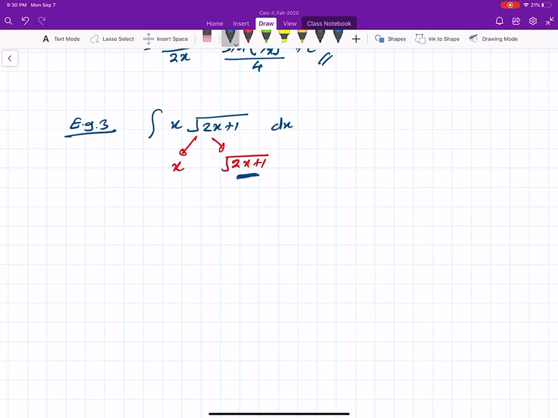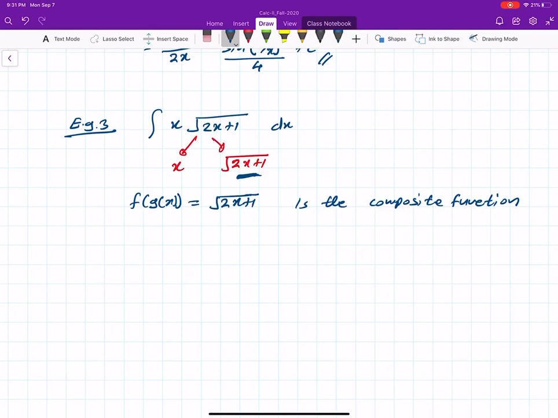The inner function is 2x plus 1. The composite function is f of g of x.